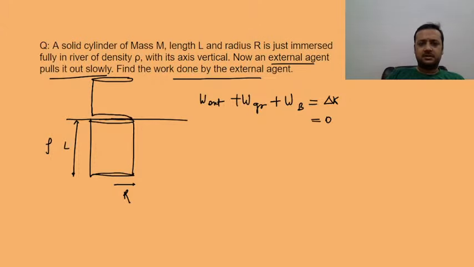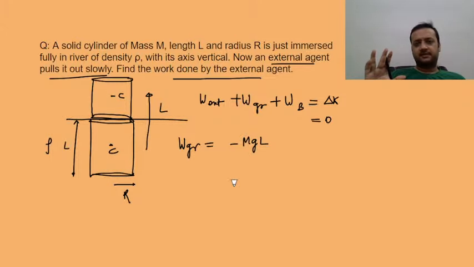The center of mass was initially here, and finally it has moved upwards by a distance of L. So the work done by gravity is simply minus mgL. As I told you, the question is effectively to find the work done by the buoyancy force.